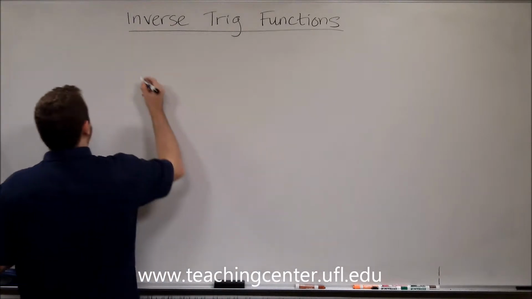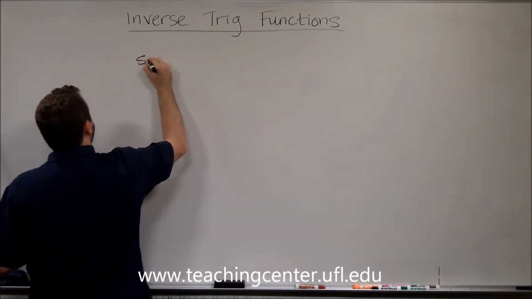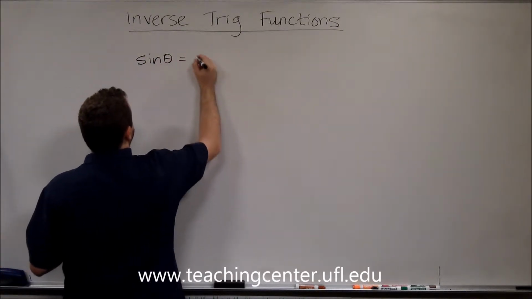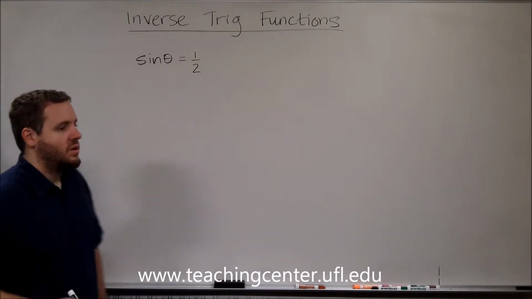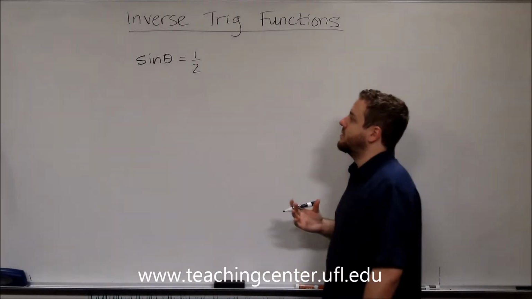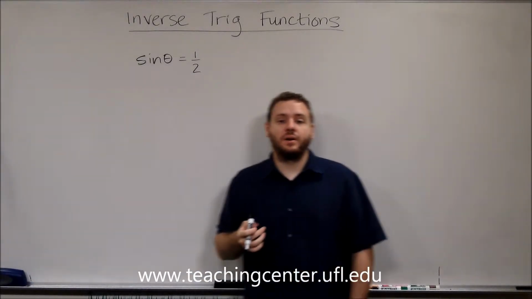So if you had your basic equation, let's say sine theta is equal to 1/2. You would solve that equation generally by going to your unit circle, knowing where sine theta is 1/2, choosing from there.